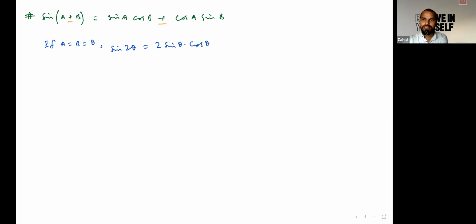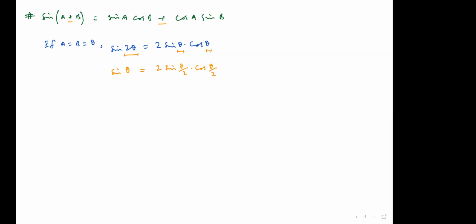Just see in this relation, if there is twice theta at this point, theta gets half and half at this point. So if we want to calculate sine of just theta, we can simply write it as sine of theta over 2 times cos of theta over 2. Is it clear? Yes, sir.